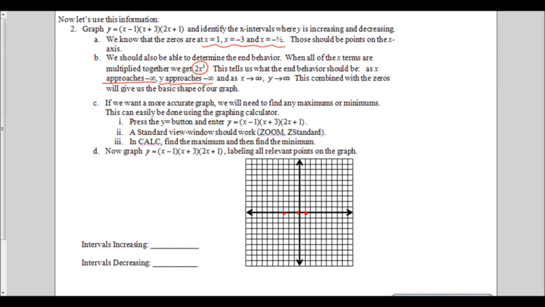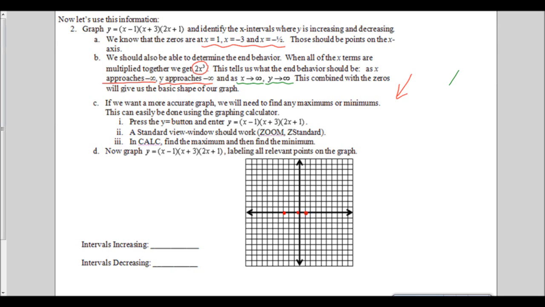So as x approaches negative infinity, y approaches negative infinity. If we plug in really big positive numbers for x and we cube them, we'll get a positive number. So as x approaches infinity, y approaches infinity. So this combined with the zeros will give us a basic shape of our graph. So we should be able to tell that over here on the left side, as x approaches negative infinity, I'm down.